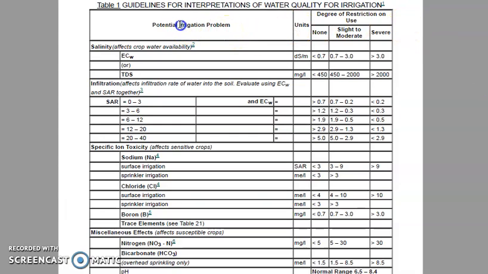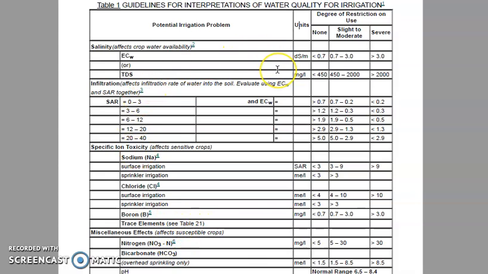As you see, the table includes potential irrigation water problems for the parameters used for water evaluation. As I told you and discussed together, we have 4 points. The first is salinity, the second is infiltration rate, the third is specific ion toxicity, and the last one is miscellaneous problems or miscellaneous effects.